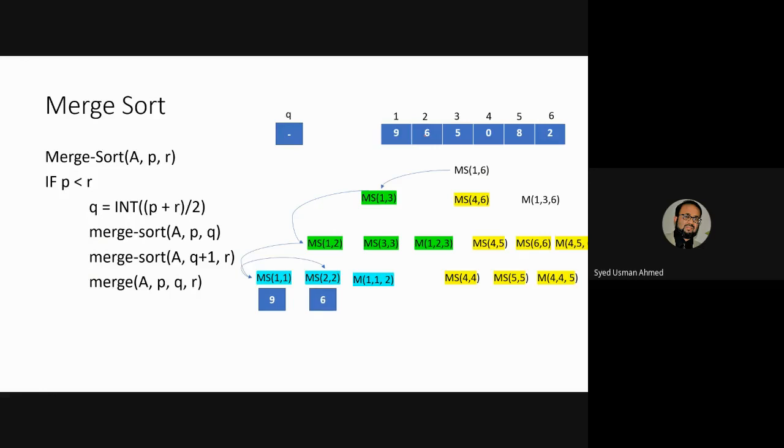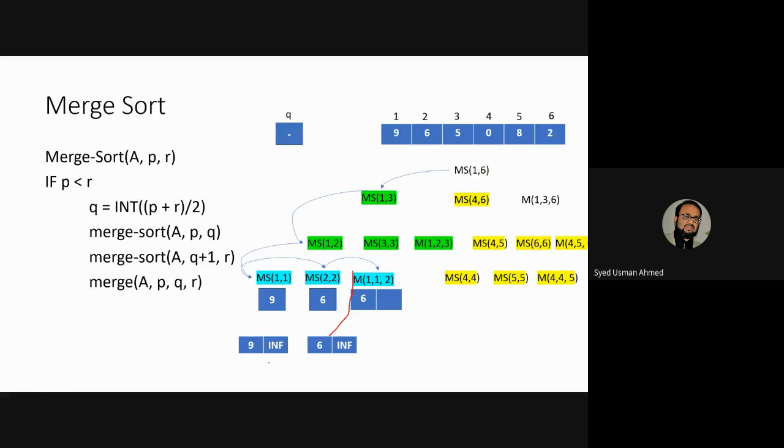So what we are going to do is merge this 9 and 6 using M 1 1 2. So again we do the same process, 9 and INF and 6 and INF. So we will create an array. We will compare 9 and 6, and 6 is smaller, so we move this 6 into this location, right?